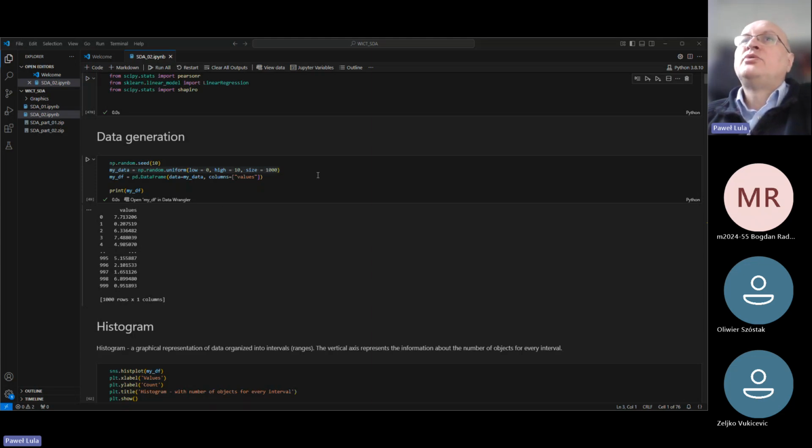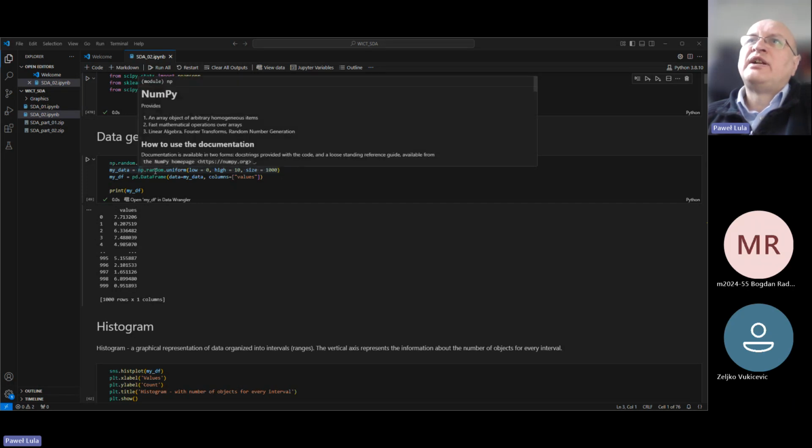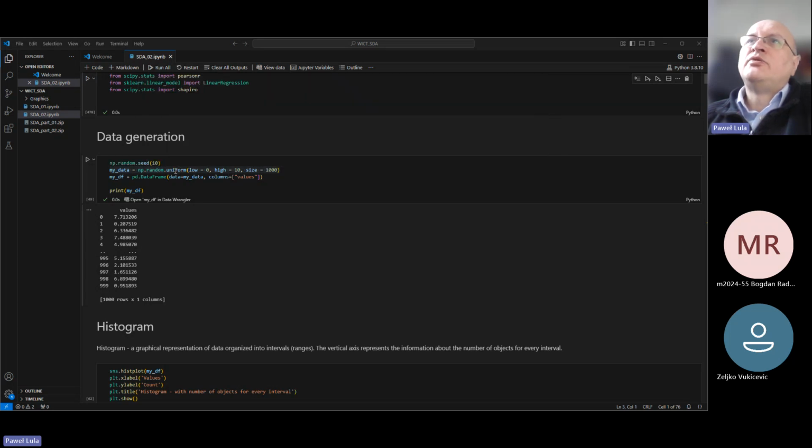First, please look at this example. I think that you see my screen. It is a very short program which I use for generating a series of random values. We will be talking today also about some details concerning generation of random variables, but now it is enough to know that these random data are generated using this command which we have in the second line.